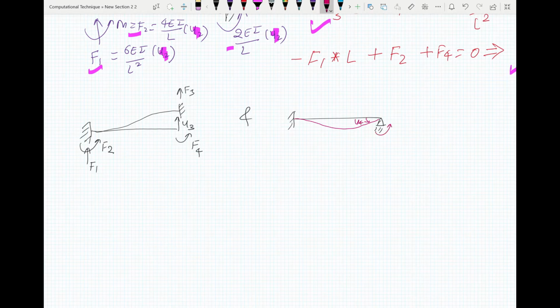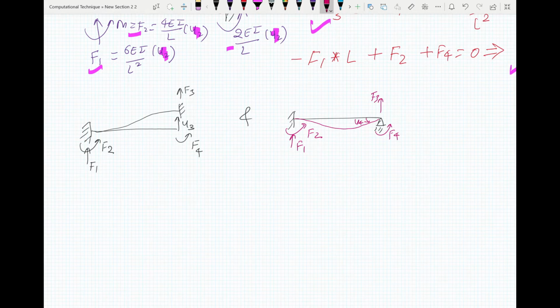So this is your U4 in the positive sense. You have to get F4, F3, F1 and F2. So here you will know the effect of U3 on all the degrees of freedom, and you will get the effect of U4 in all degrees of freedom.